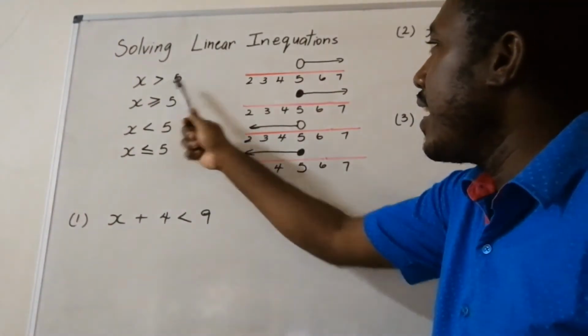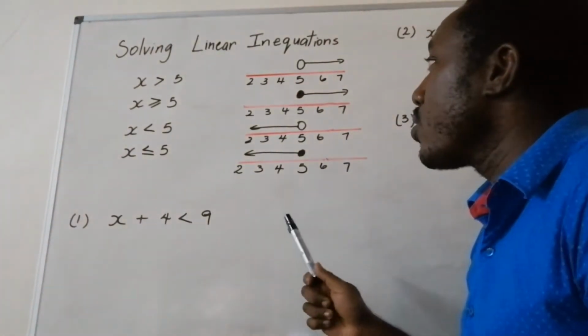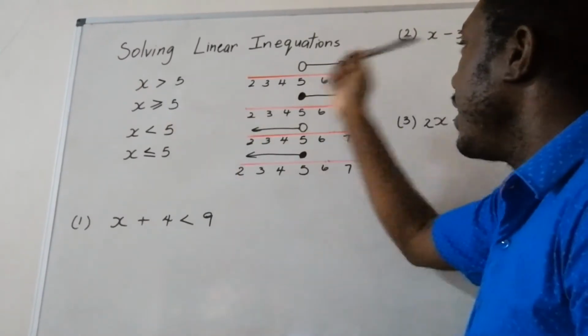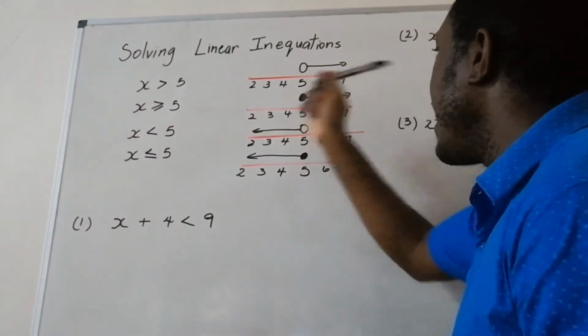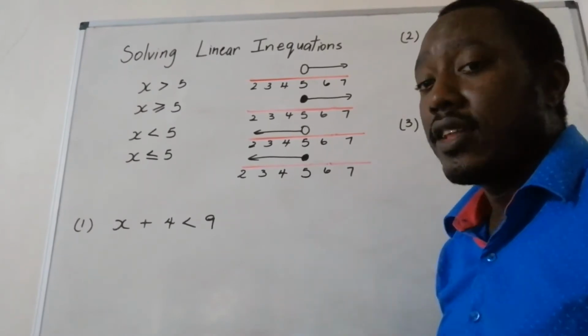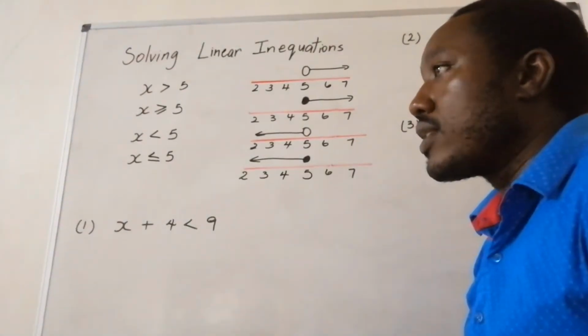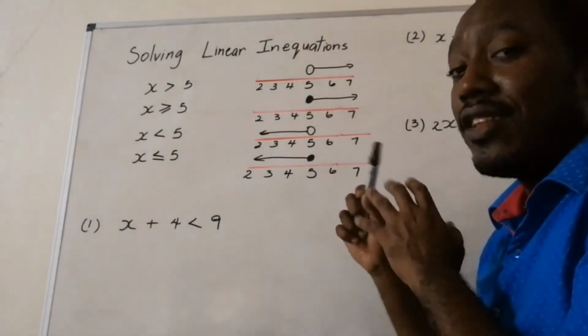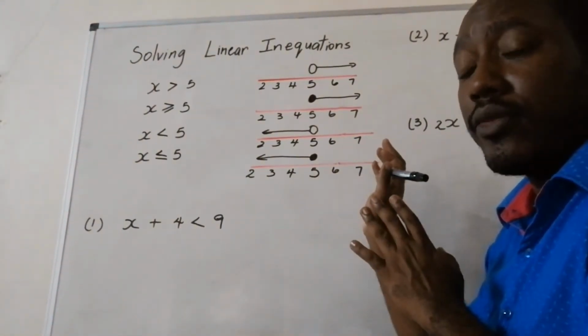And the sign helps us to know where the arrow is going. If x is more than, it means that the arrow is heading to the right. So 6 can be a member of this set, 7, 8, 9, and any number higher than 5.